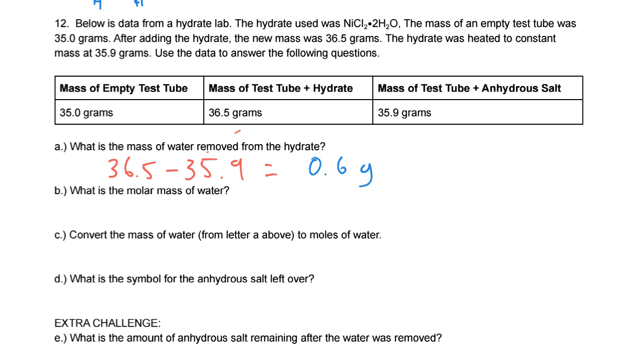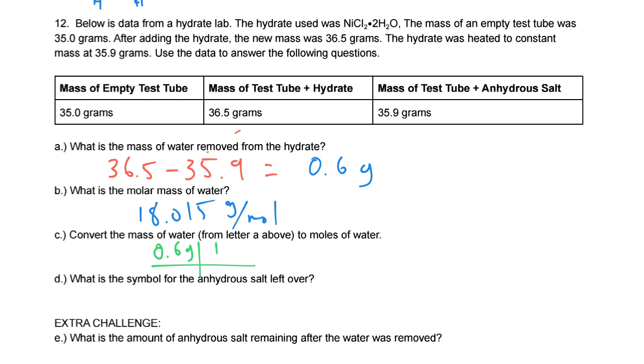All right. Molar mass of water is 18.015 grams per mole. You can either add that up or just remember that number. Convert the mass of water from letter A above to moles of water. So we have 0.6 grams.